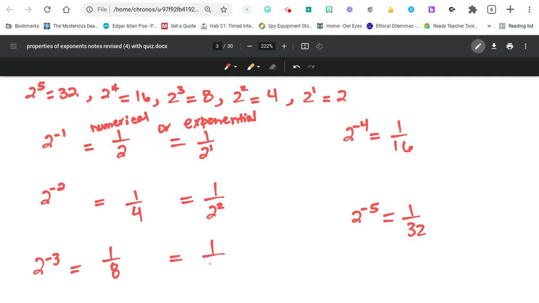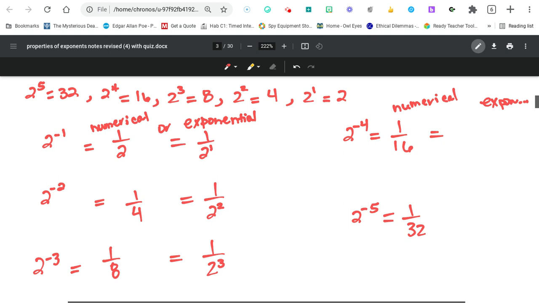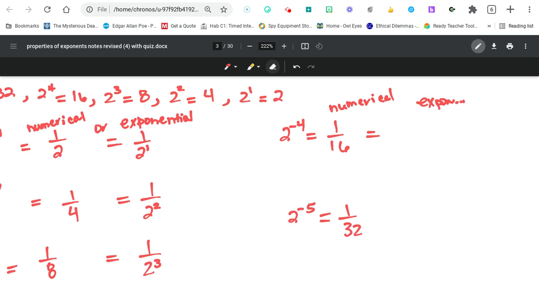Exponentially, this is 1 over 2 to the third, because 8 is 2 to the third. Exponentially on this one, this is numerical. And then exponentially. Okay, just write out exponential. I'm running out. Okay, I got enough room. This was 1 over 2 to the fourth. And 32 was 2 to the fifth, so 1 over 2 to the fifth.